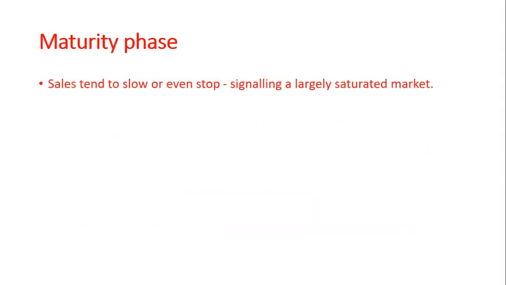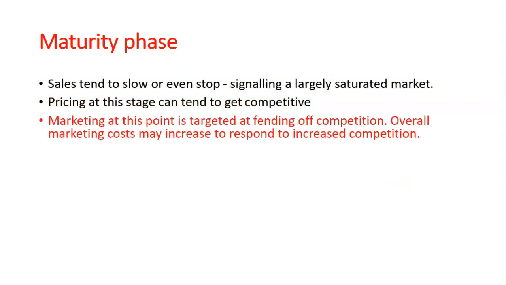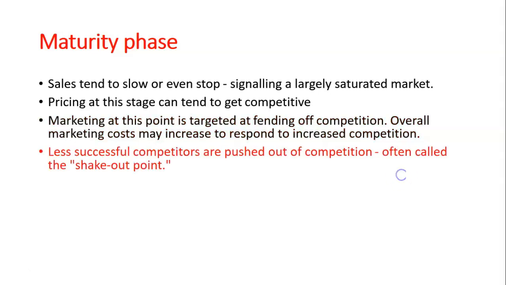But to an extent, because for every rise there is a fall. So before falling, the sales tend to slow or even stop, which means that the market becomes saturated. Pricing at this stage can tend to get competitive. Marketing at this point is targeted at fending off competition. Overall marketing costs may increase to fend off competition.